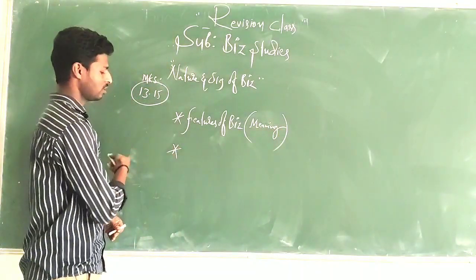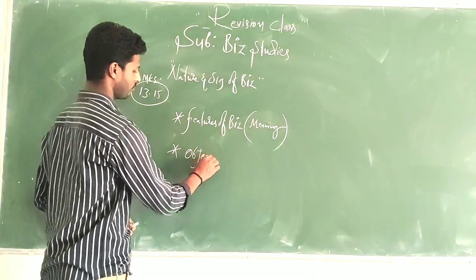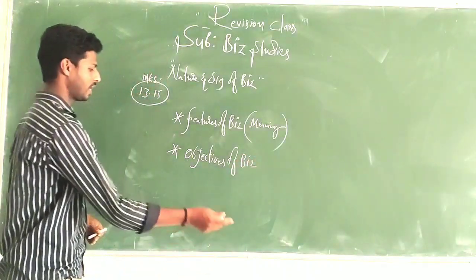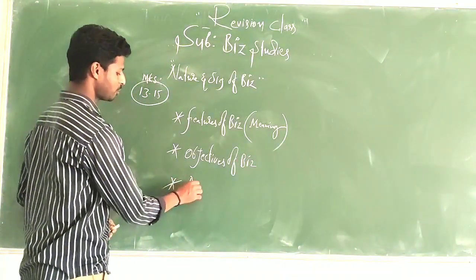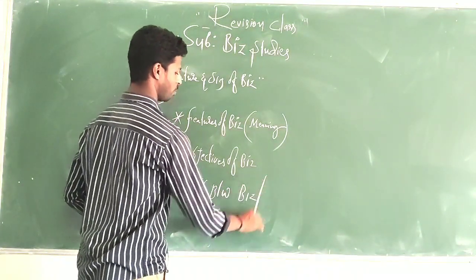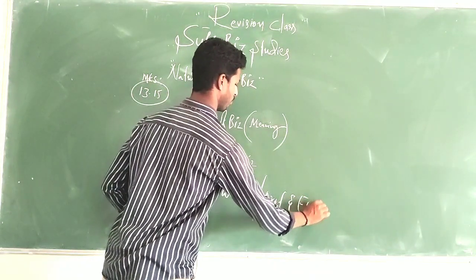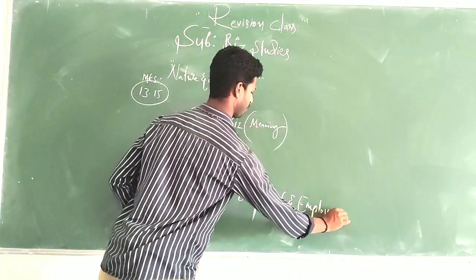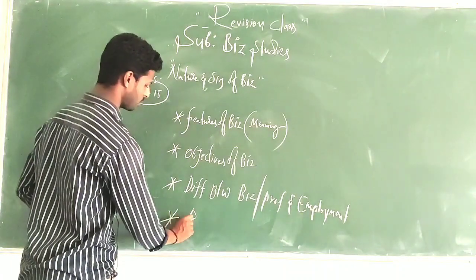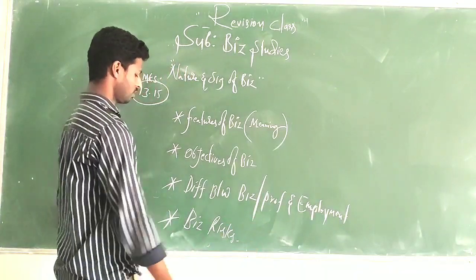Next, we must discuss objectives of business, differences between business, profession and employment, and the next very important one, business risks, and finally business tree.